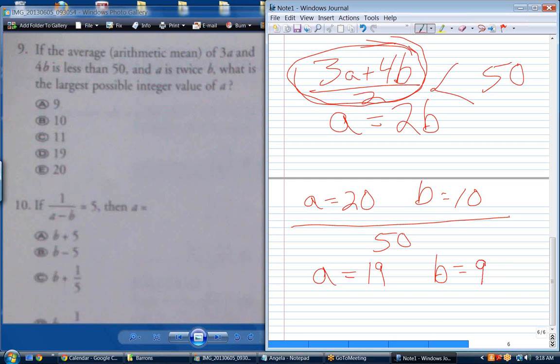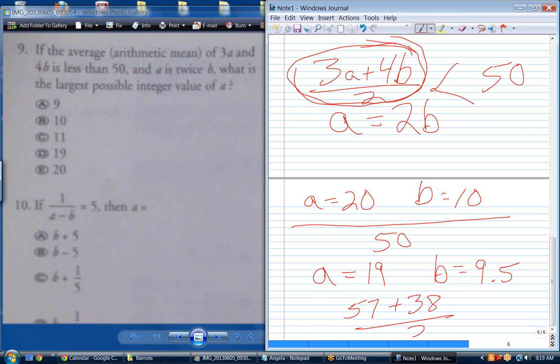38. Half. Oh, half. That's right, because A is 2B. So now what is the average of 3A? That's 57 plus 4B. Well, 4B is 38.